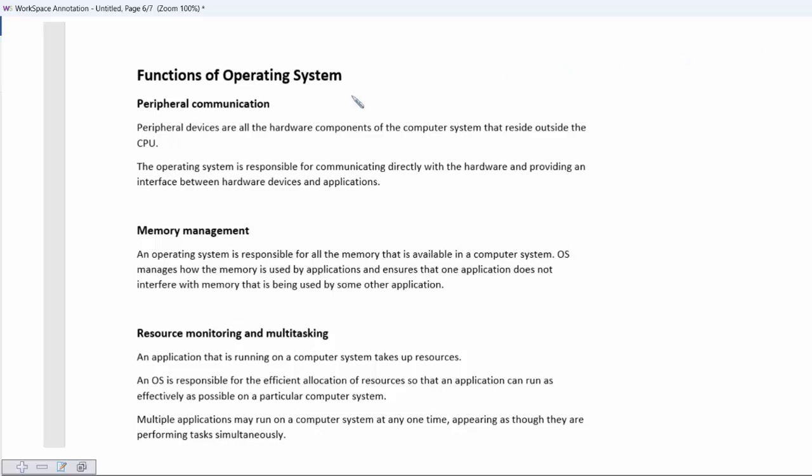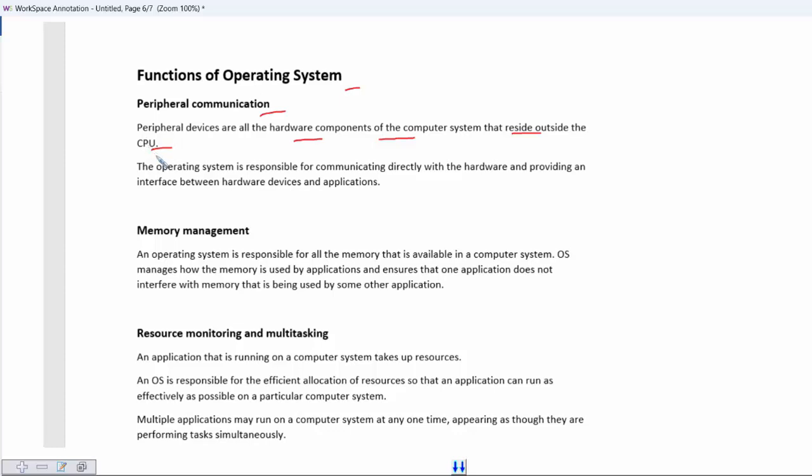So what are the functions of an operating system? First one is the peripheral communication. Peripheral devices are all hardware components of a computer system that reside outside the CPU. Examples of devices include keyboards, monitors, printers, microphone, mouse, etc. All these are peripheral devices.